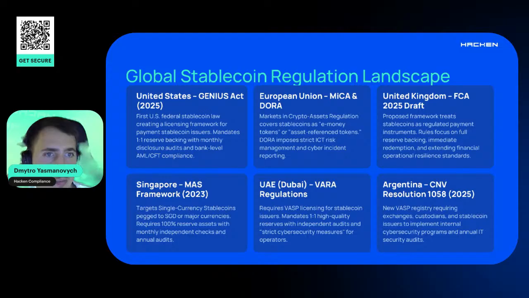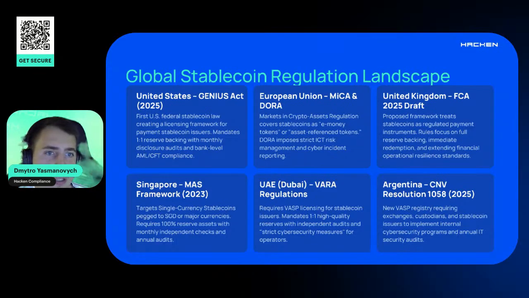For the United Kingdom, it is the FCA 2025. It is only a draft, a proposed framework. It treats stablecoins as regulated payment instruments. The rules focus mostly on reserves, and you may already see the pattern that most Web3 regulations, not only stablecoin ones, are keen to add reserve requirements on top.